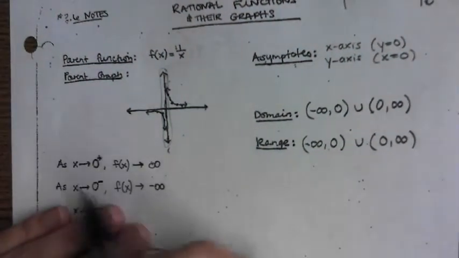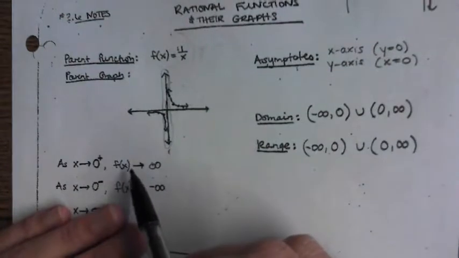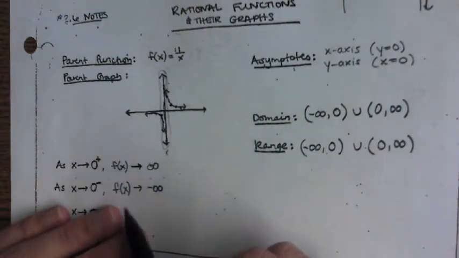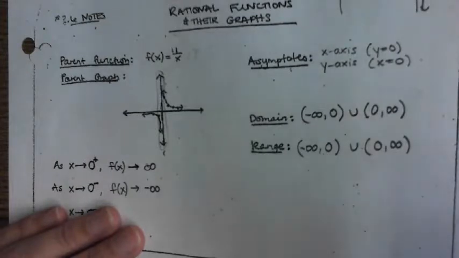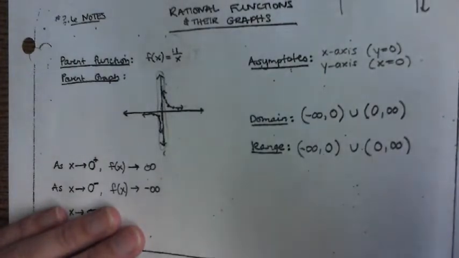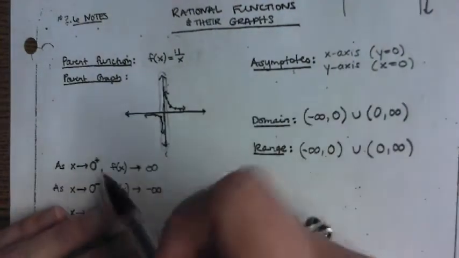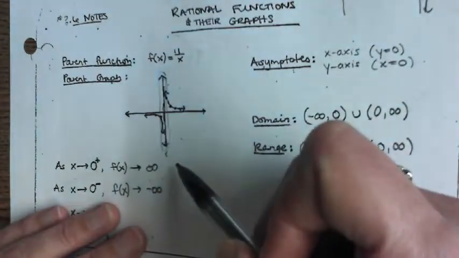So what we see here is what is, I always hate to use the word always unless I'm sure, what is always going to be true as we approach a vertical asymptote. 0, we all can agree, is a vertical asymptote.